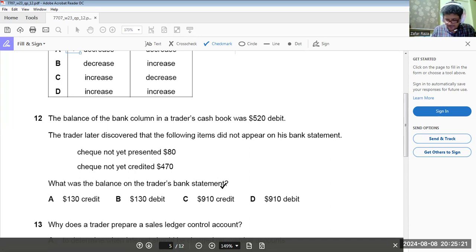we have to add 520 plus uncredited 80 minus 470 uncredited check. 130 should be the answer.